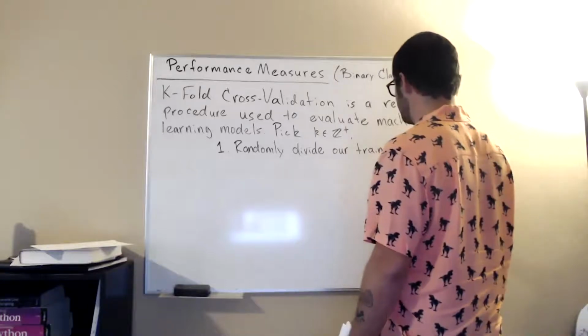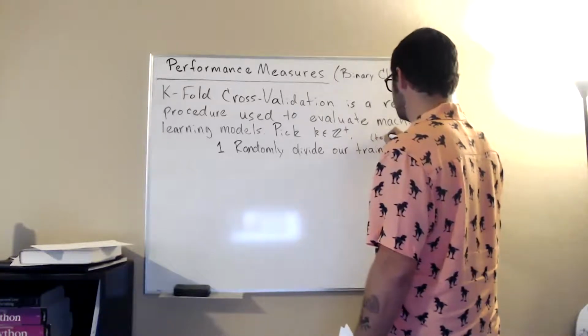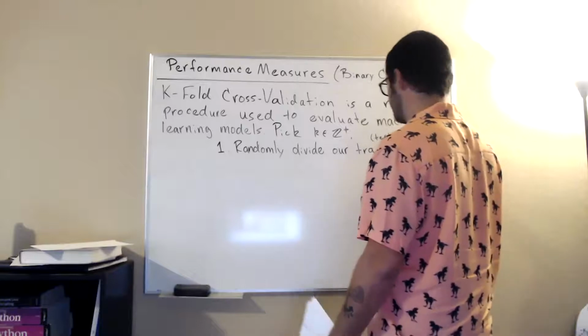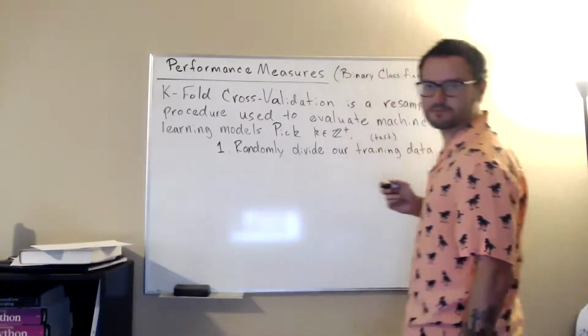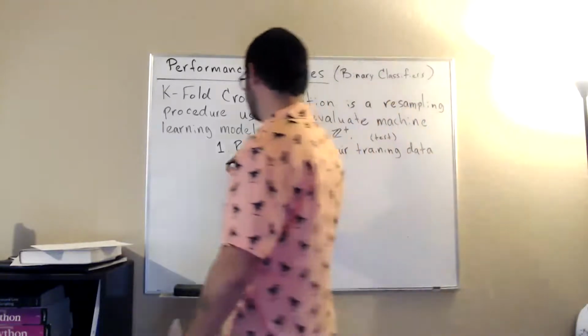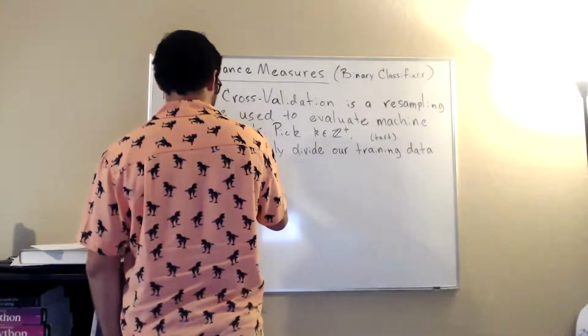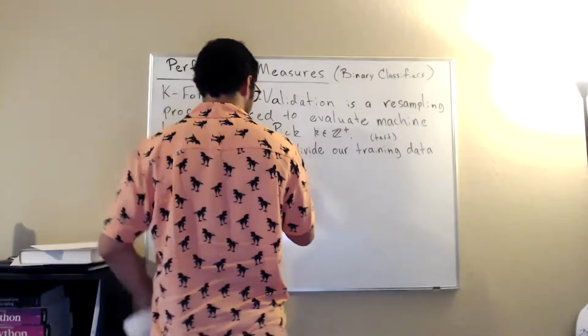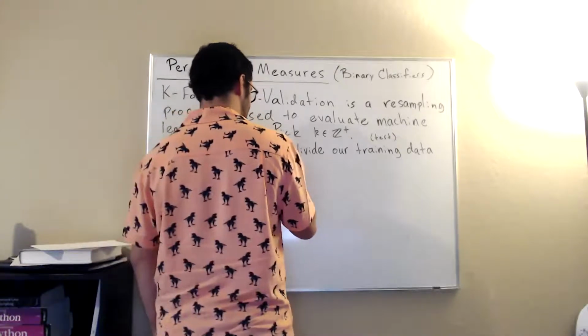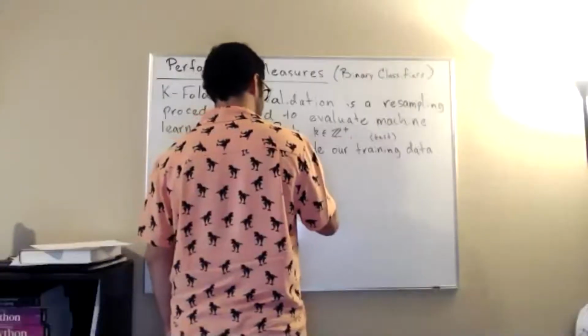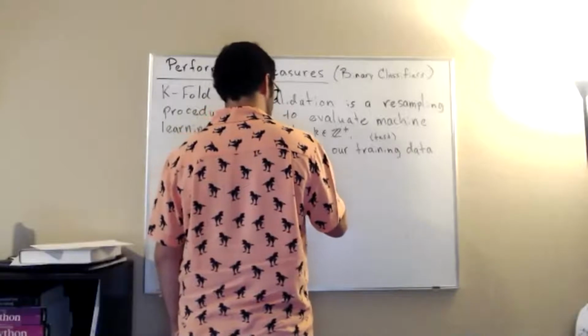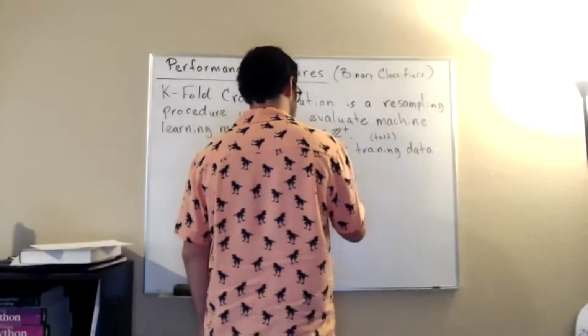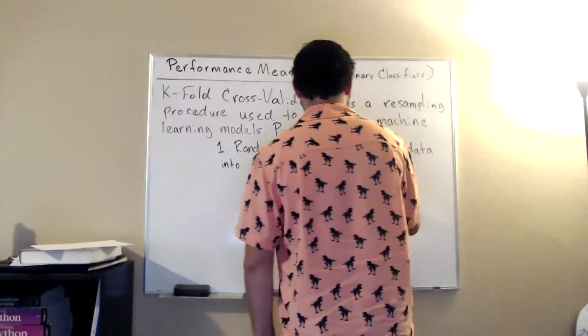We can also do this on the test data as well. But I'm going to say for our purposes today, we're going to randomly divide our training data into K subgroups of equal size.